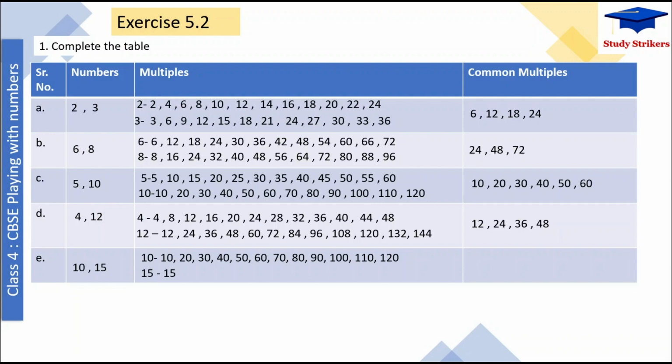Multiples of 15 are 15, 30, 45, 60, 75, 90, 105, 120, 135, 150, 165 and 180. Let's write their common multiples. It's 30, 60, 90 and 120. Okay, so here we are done with completing this table.